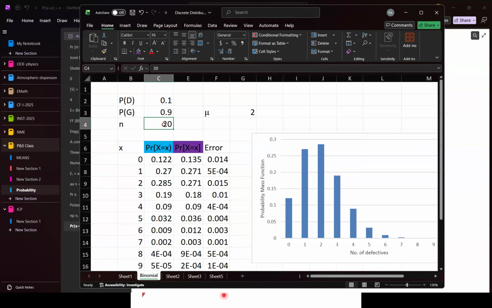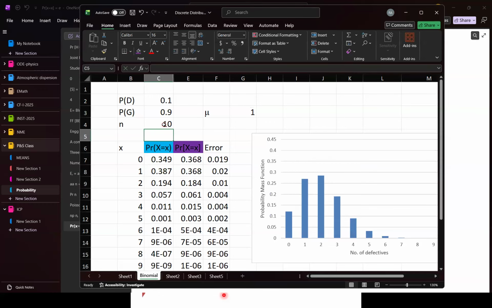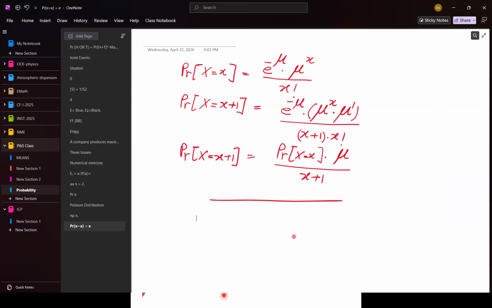If I reduce this value to 10, again we have these kind of errors. So the sensitivity to the probability of defective and to the sample size needs to be considered while applying the Poisson approximation to a binomial process.